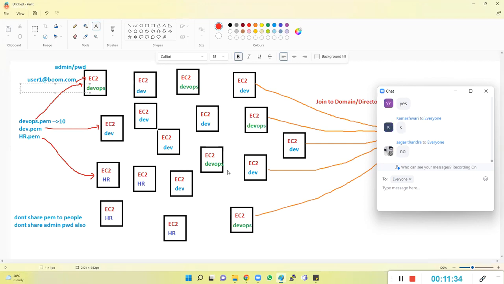No need of the PEM file, guys. He can log in with his own username and password because all these EC2 instances are joined to this directory and the username is created over here. Now can you tell me, can multiple people log in now with different usernames and passwords? Yes.